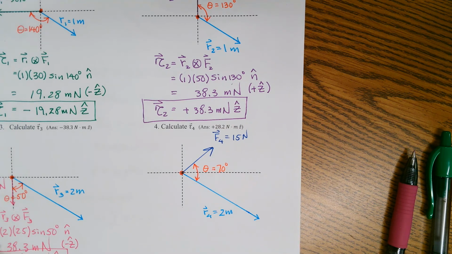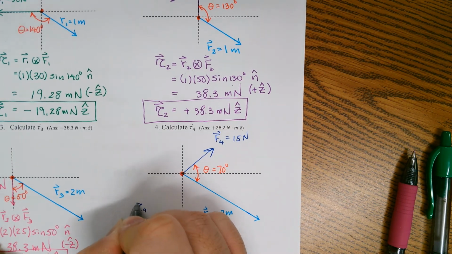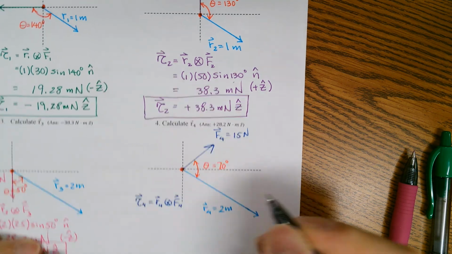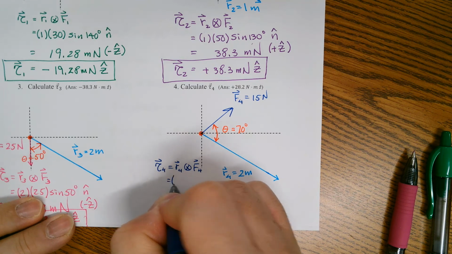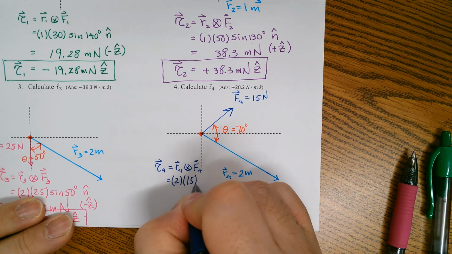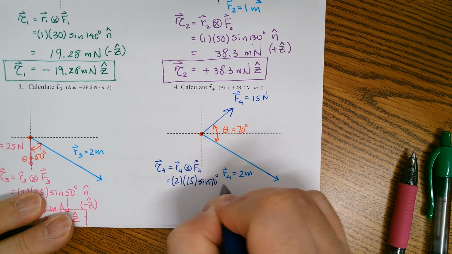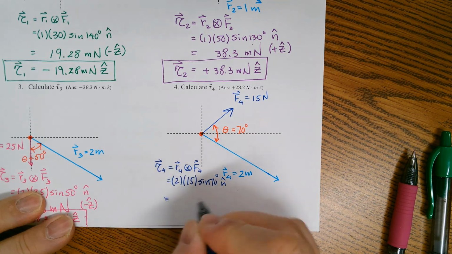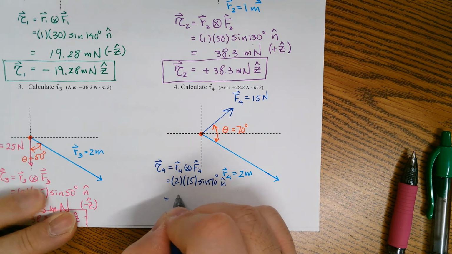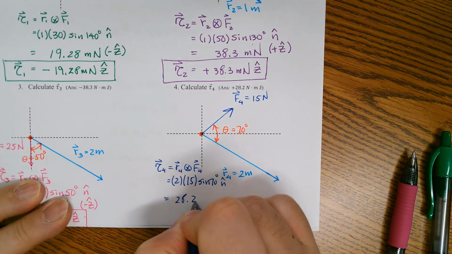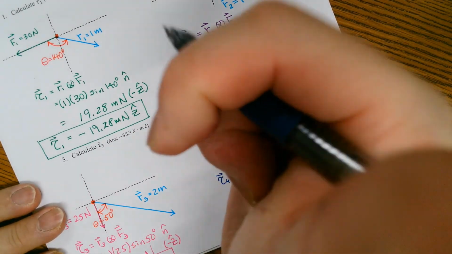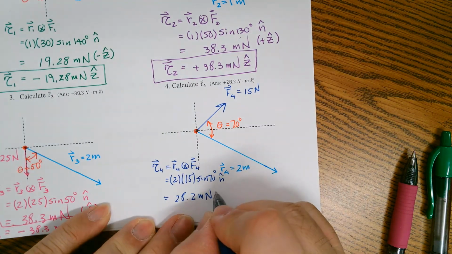Therefore, torque 4 is equal to R4 cross F4. R4 is 2 meters, times F4, which is 15 newtons, times sine of 70 degrees n hat. 30 times sine of 70, you get 28.2 meter newtons, and R cross F is positive z hat.